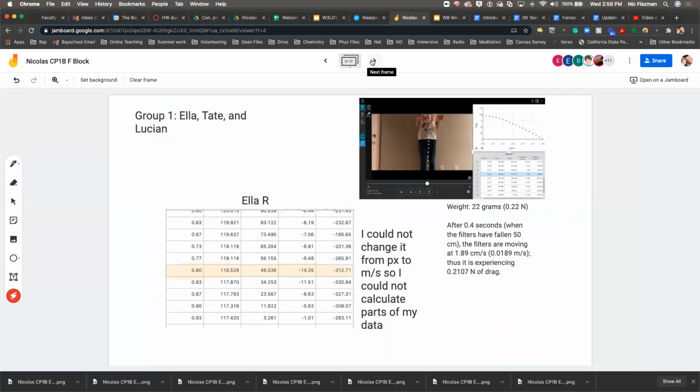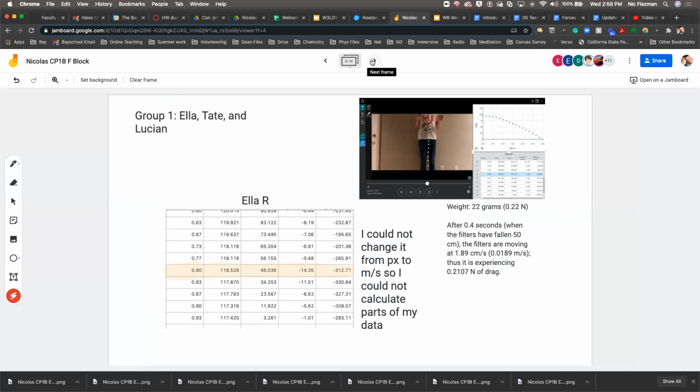So I couldn't convert part of my data from pixels to meters per second, so we couldn't fully compare our data, but ours was pretty inconsistent.